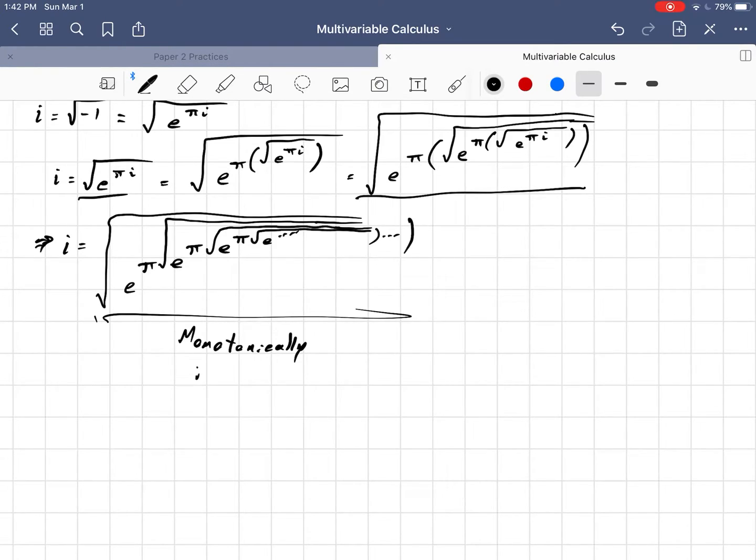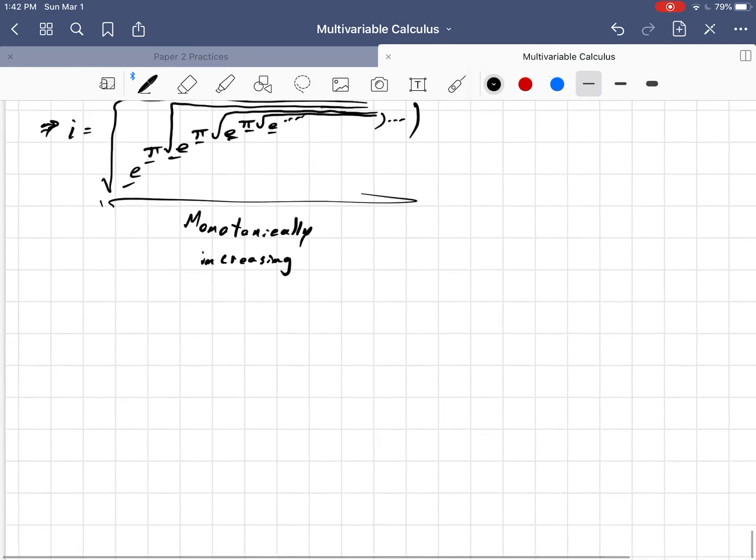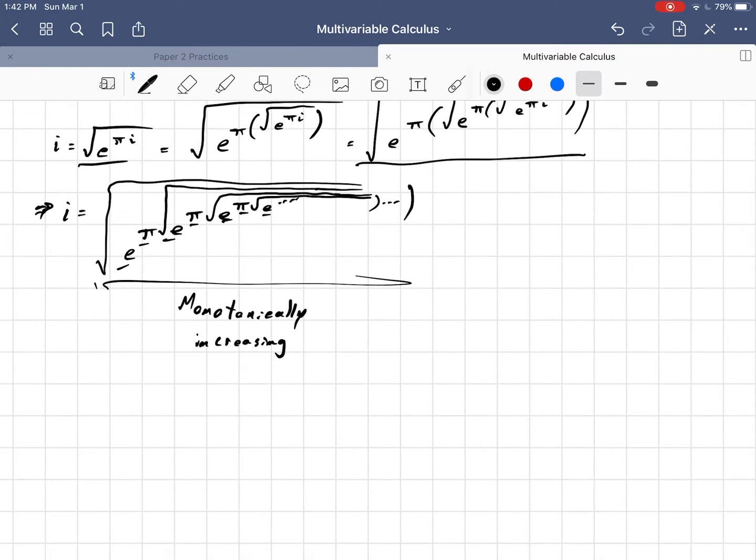However many times I do e to the pi square roots, it's just going to get bigger and bigger and bigger, because e and pi are real numbers greater than 1. And second of all, there's no imaginary part at all in there, right? This is real, this is real, this is real, real. And so it just goes on forever and ever and ever.